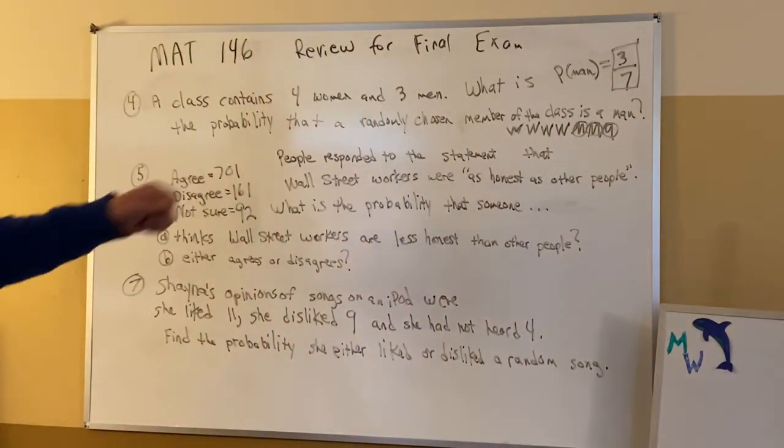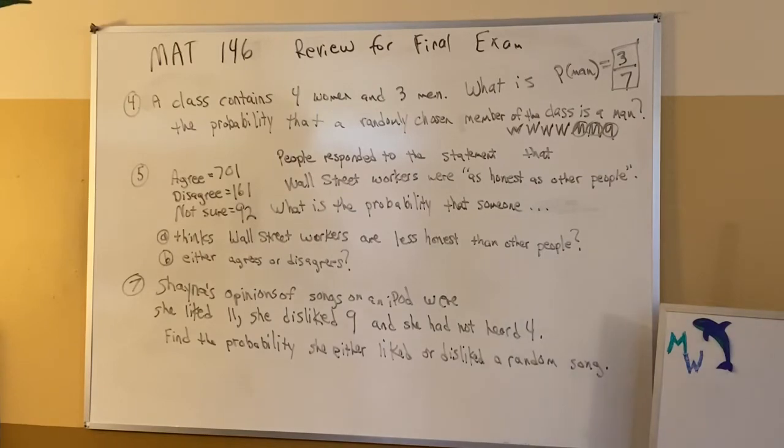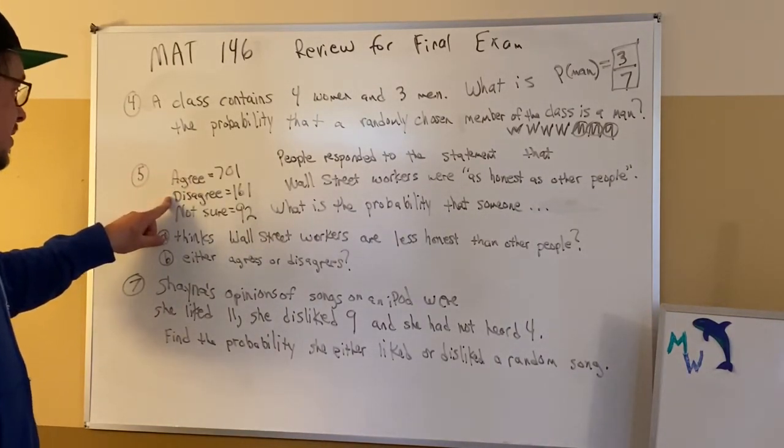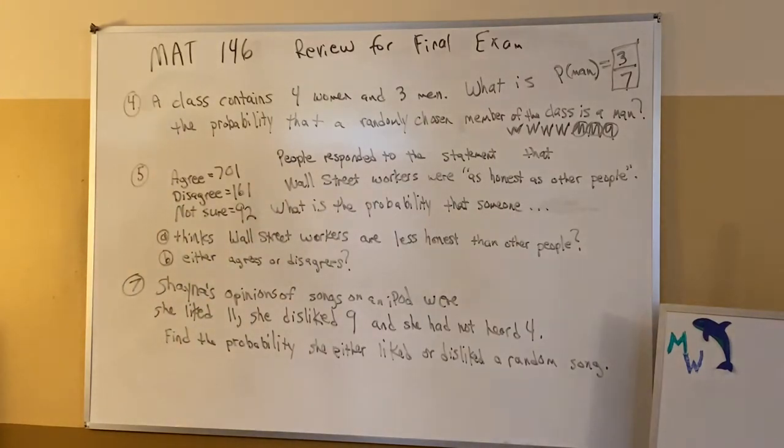People responded to the statement that Wall Street workers were as honest as other people with this. They agreed 701 times, disagreed 161 times, and were not sure 92 times. The problem as written on the review also said that there were a total of 954 people making these decisions. So what's the probability that someone thinks that they are less honest than other people?